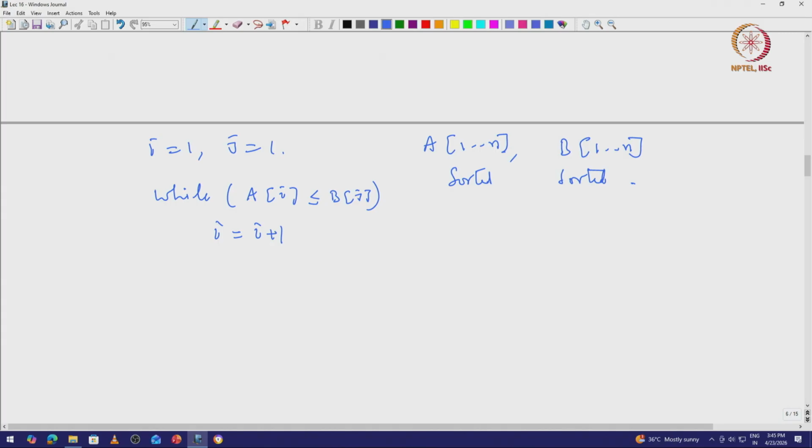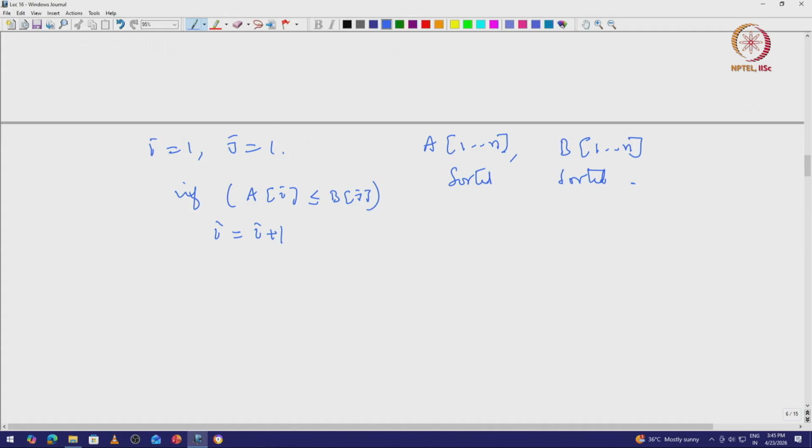The moment you find a larger value, if Ai is less than or equal to Bj, skip that.